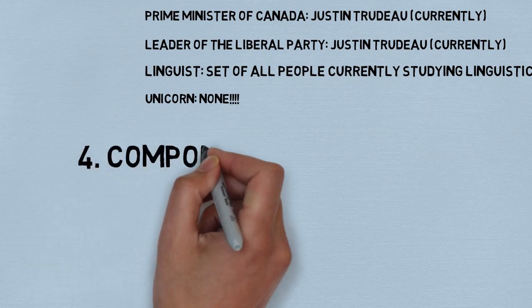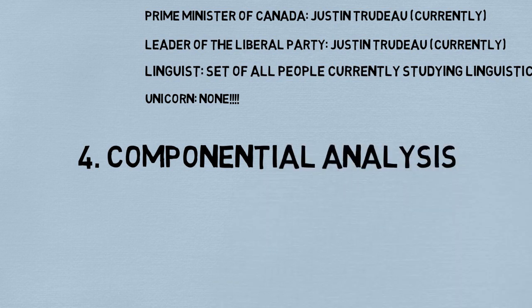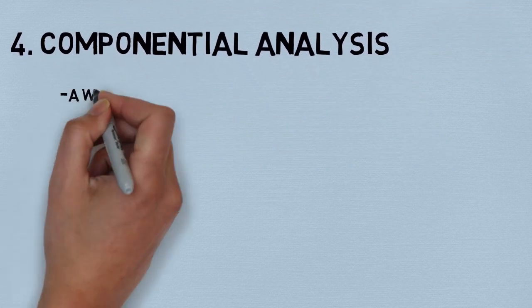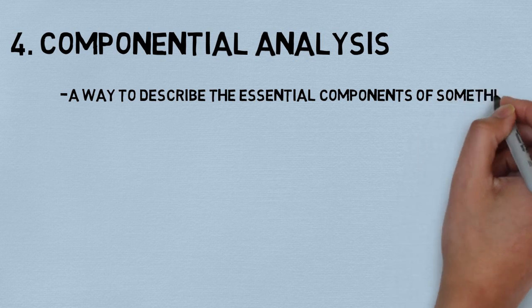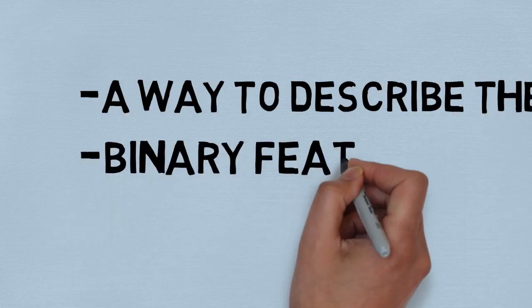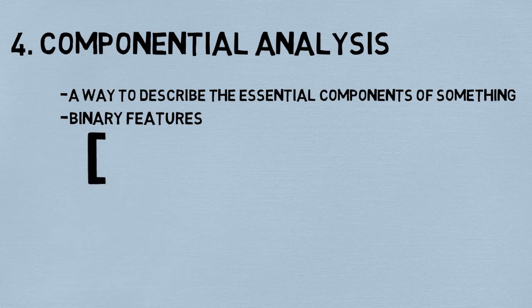The final way we will be defining meaning is through the technique of componential analysis. Componential analysis is a process by which we describe words by a set of binary features. When talking about binary features, I'm referring to something with features that are either present or absent.